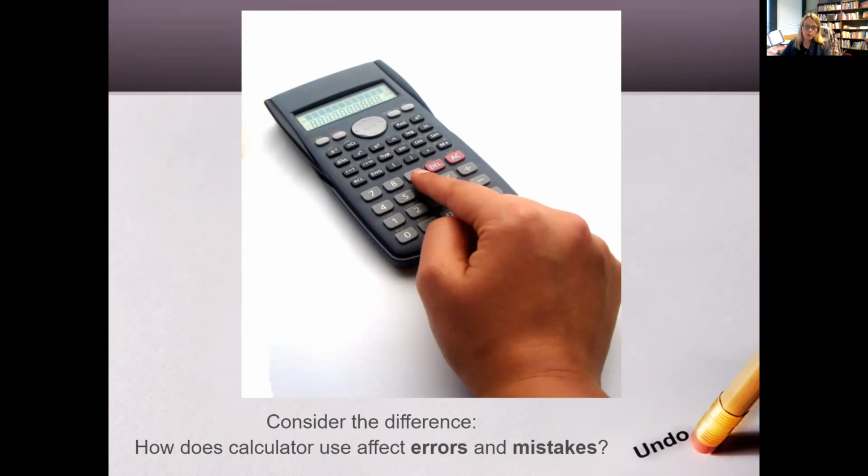Think about a student who's using a calculator. How does a calculator deal with mistakes and errors? When a student's using a calculator, does that affect their likelihood of making errors or their likelihood of making mistakes?